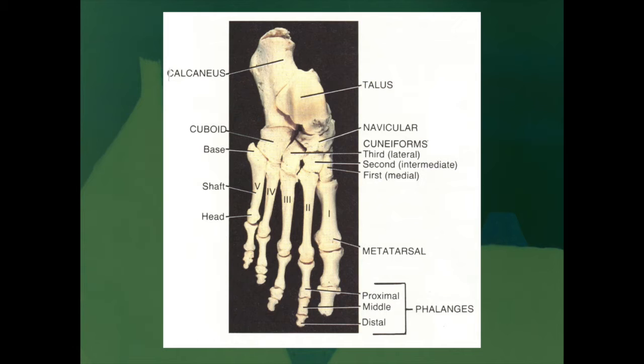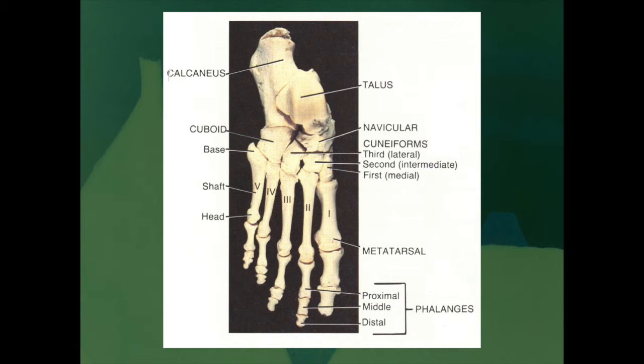Let's move on to the phalanges. The phalanges of the foot resemble those of the hand in number and arrangement. And William Bass will give you a couple of key pointers with regard to how to identify these when you have one in hand. Each also consists of a base, a middle portion or shaft, and a distal head.